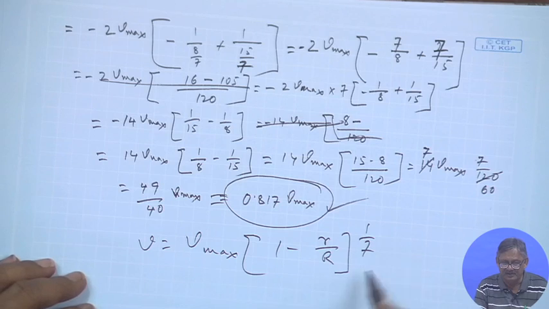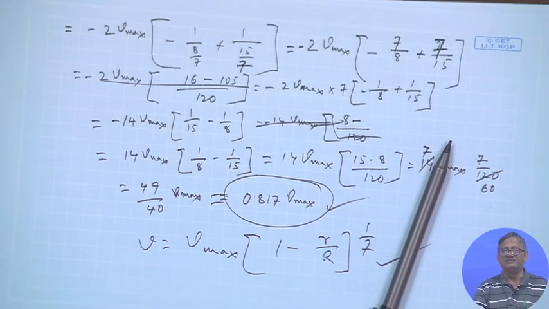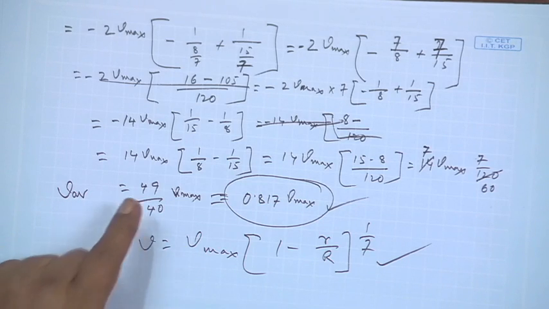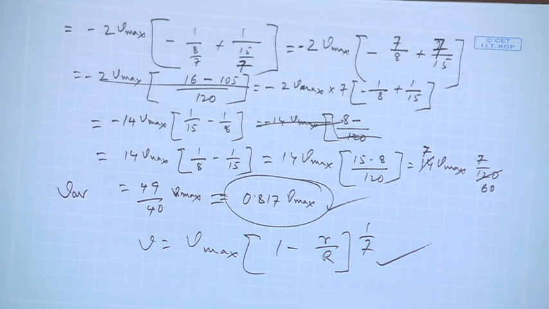So, any such relation if you have, then you can get the average velocity in terms of maximum velocity. So, the average velocity is 0.817 times the maximum velocity.